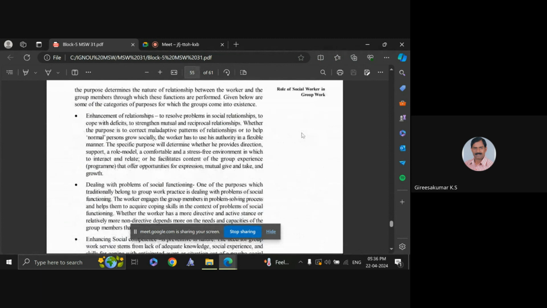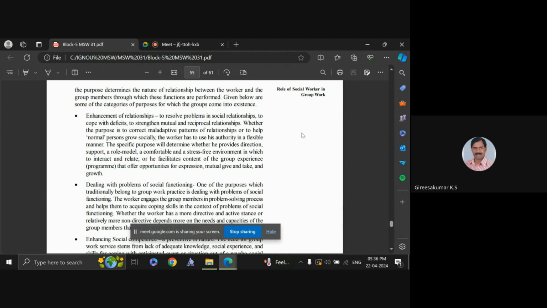Then enhancement of the relationship: you must have a very good relationship, otherwise that won't work well. The social worker, with an aim to bring about his goal, must behave in a manner to keep a very good relationship.